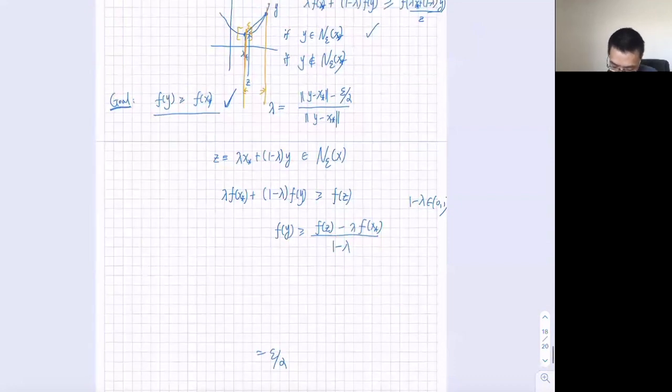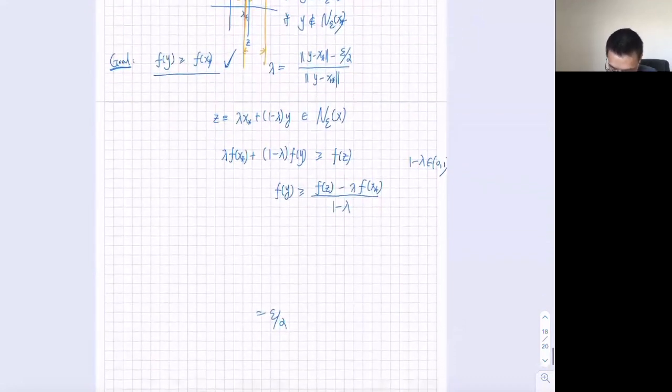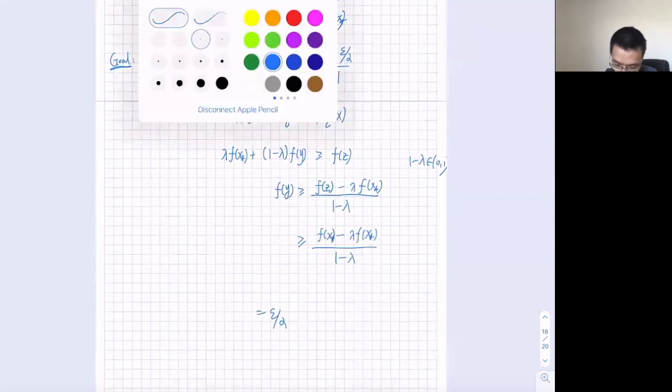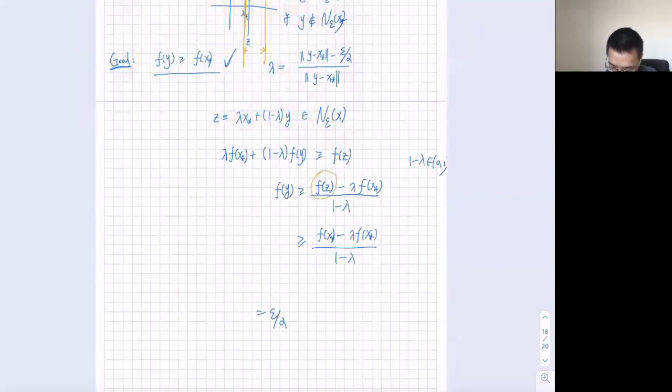And I know f of z is greater than or equal to f of x star by the local optimality.